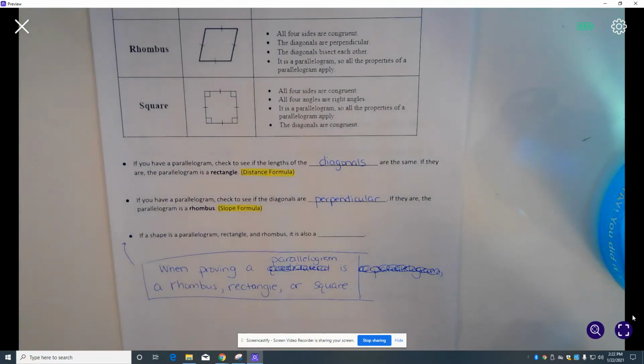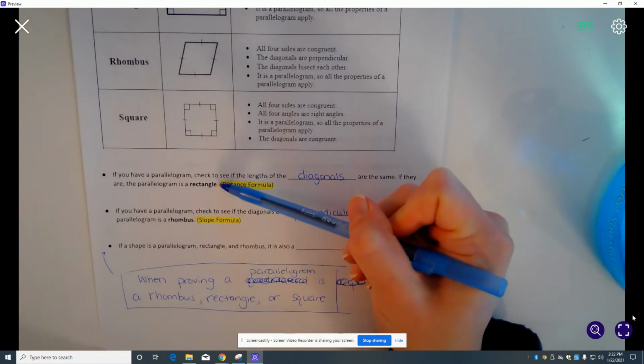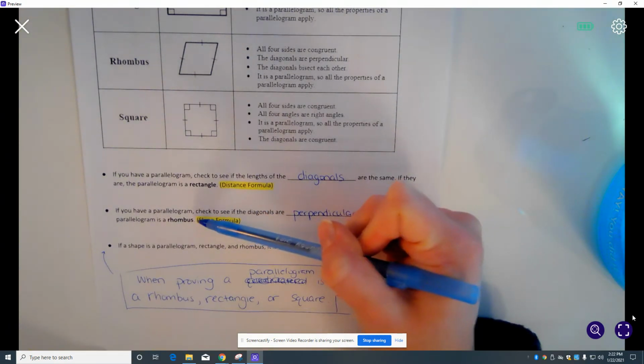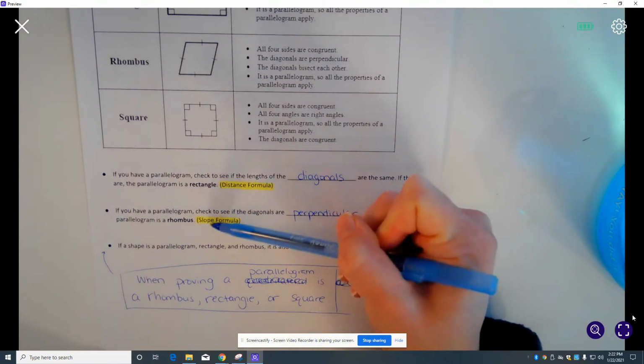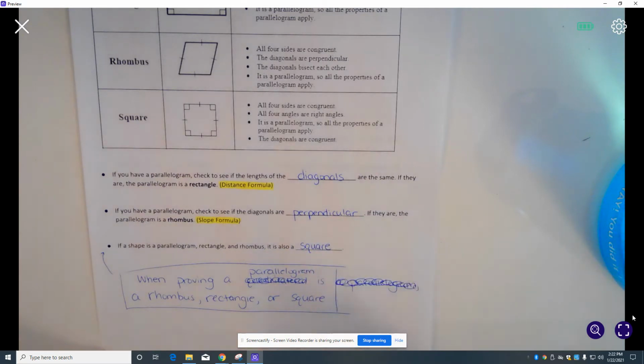And lastly, if you can prove that the parallelogram is a rectangle and a rhombus, so both of these are true, then you know it has to be a square. Okay. And so we're going to put these three steps into practice on the next page.